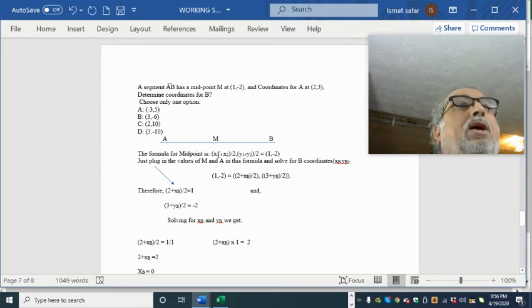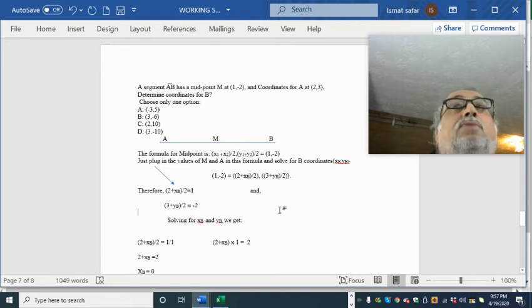The x1 is the x coordinate of the first point we have, which is 2, and the y1, which equals 3, is the y coordinate of the point we have.